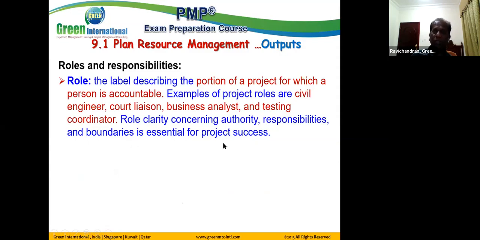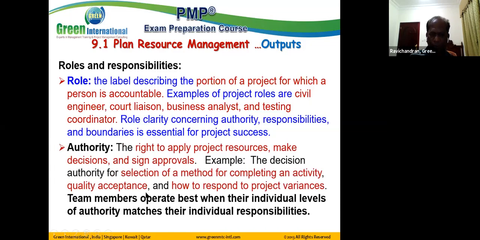So if you say project engineer, and you don't define what is his authority, what is his responsibility, what is his boundary, then what is he going to do there? He is going to stand there as a project engineer. He will not be able to efficiently contribute to our project. So there should be clarity in the role with respect to the authority, responsibility, and boundaries, which are very essential for the project success.